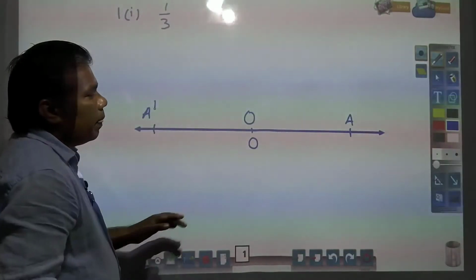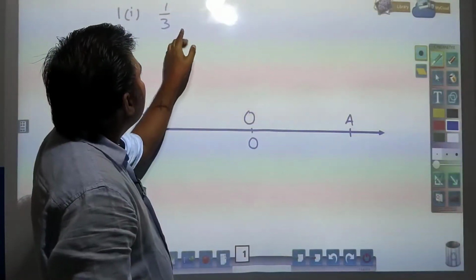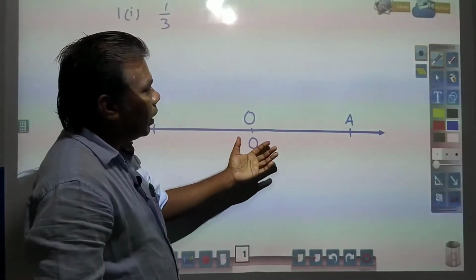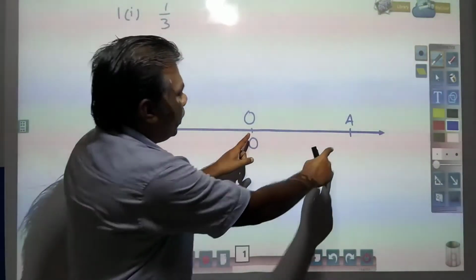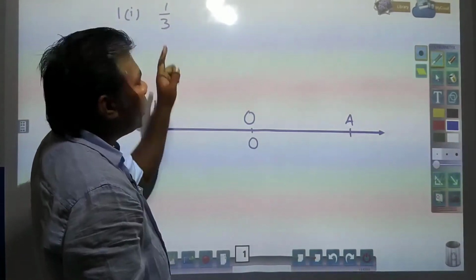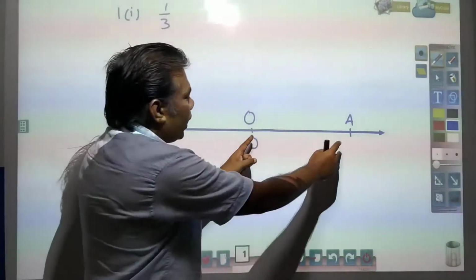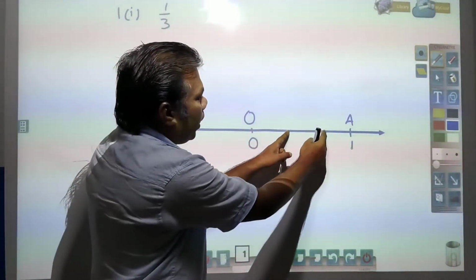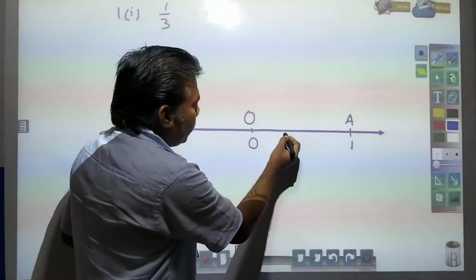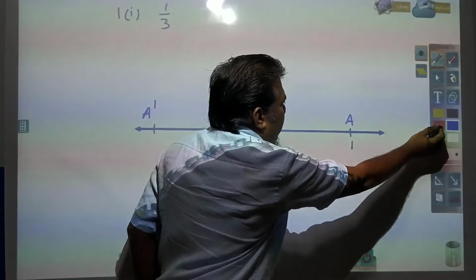Now since 1 by 3 is required to be represented, you need to see the denominator. 1 unit you have taken, and the denominator is 3. So this 1 unit is required to be distributed into 3 equal parts.